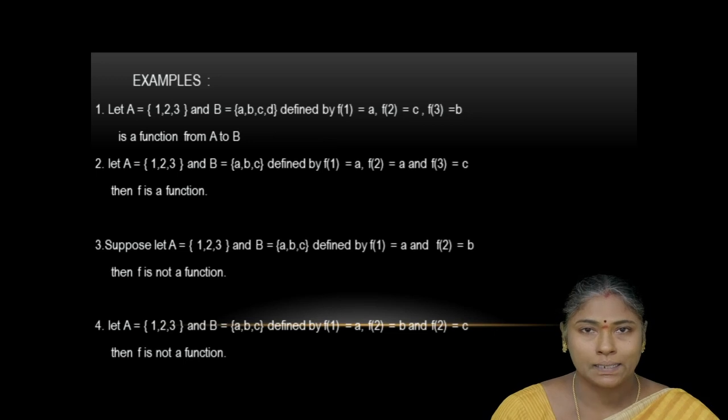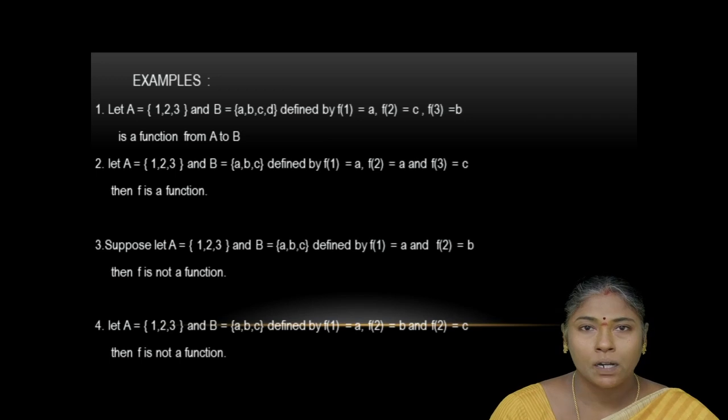Coming to the third example, let A equal to {1, 2, 3} and B equal to {a, b, c}, defined by f of 1 equal to a, f of 2 equal to b. Now 1 has image a and 2 has image b, but for the element 3 no image is defined in the codomain.